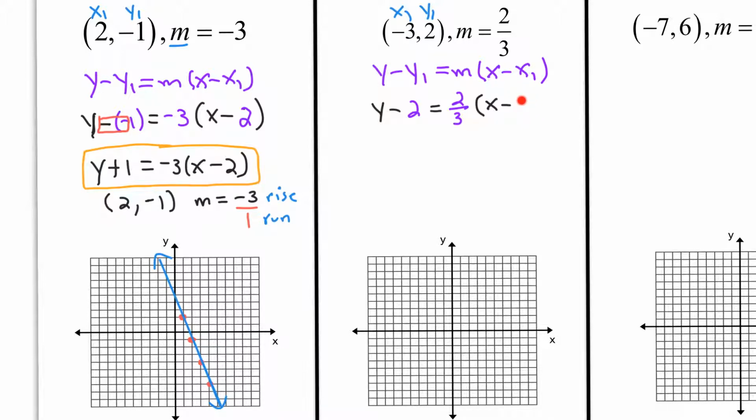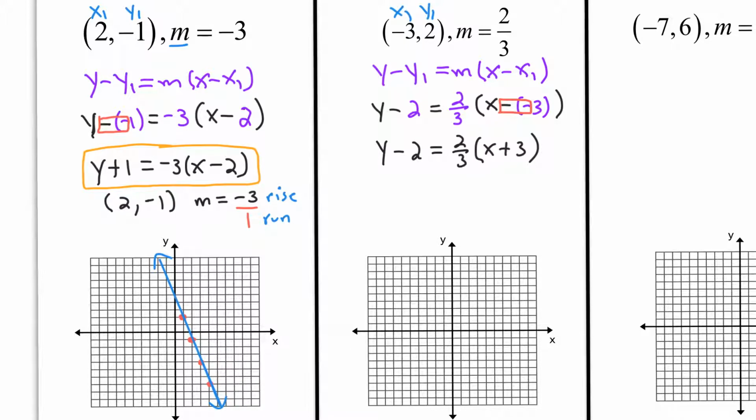So I'm going to have to use parentheses with the negative here. Negative 3, and you guys close parentheses. So we do have double negatives right here. So I'm going to turn that into positive. Negative times negative is positive. And I have y minus 2. My slope is 2 over 3 times the quantity of x plus 3.